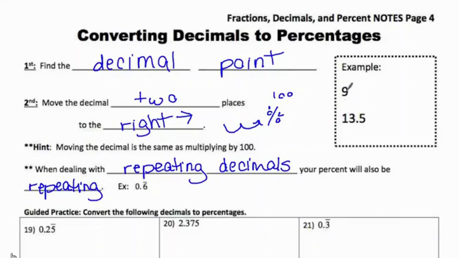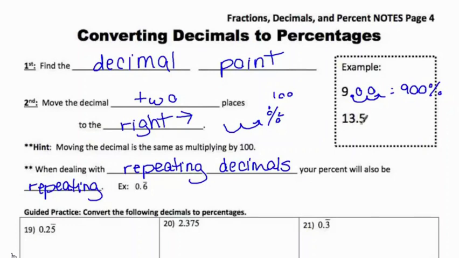Well, in this case, there is no decimal point because it's a whole number. In a whole number, the decimal is in the very back of the number. You have to move it 2, so we move 1, 2, and fill in these spaces with zeros. So this actually comes out to be 900%, because I have to move the decimal 2 places away from where it is, and it's already behind the 9.